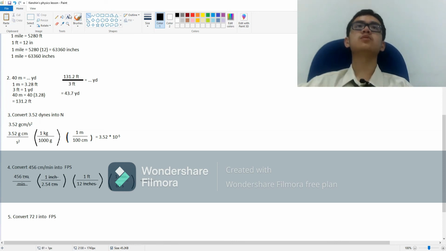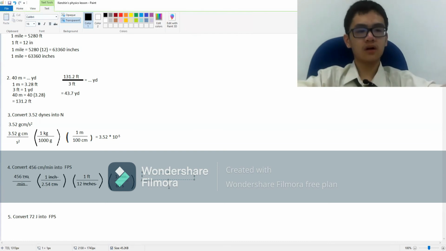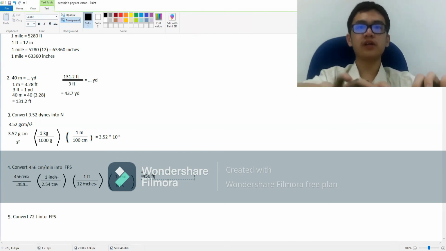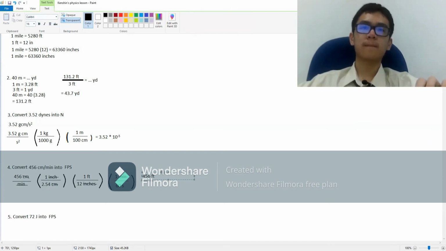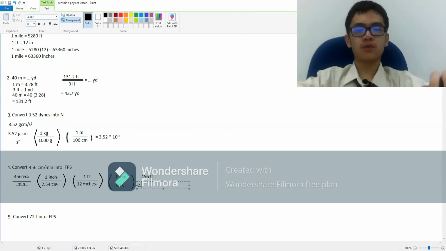Put in the simplest way, numbers here are 456 feet divided by 2.54 times 12 times 60.